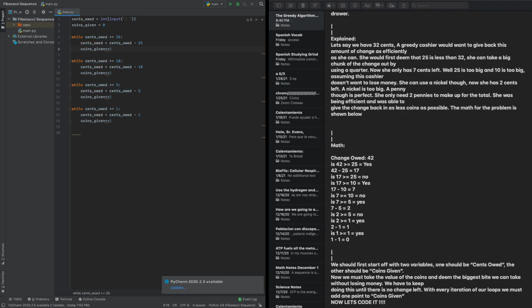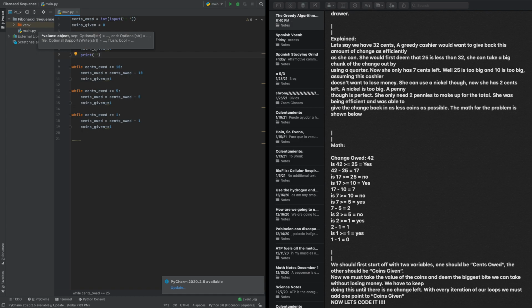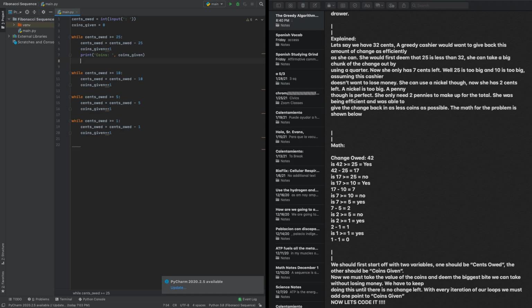So are we done? No, because obviously we're not printing any coins yet. So coins equals coins given, and then print our change, of course.